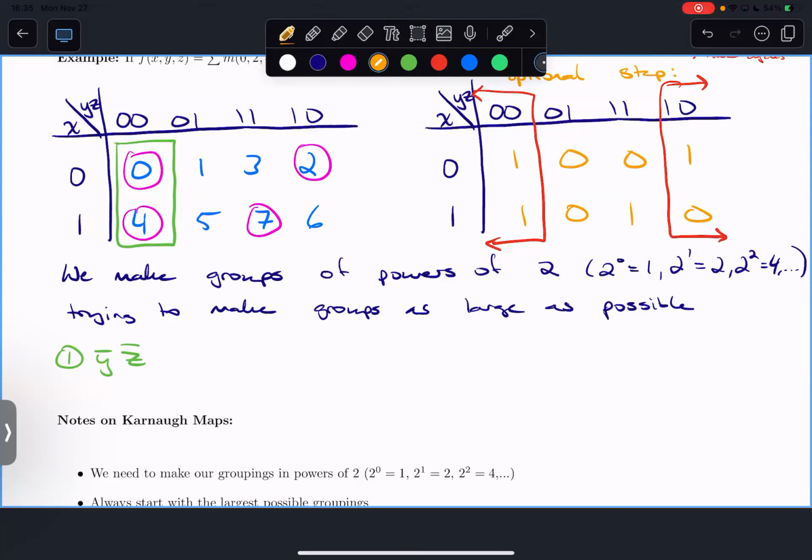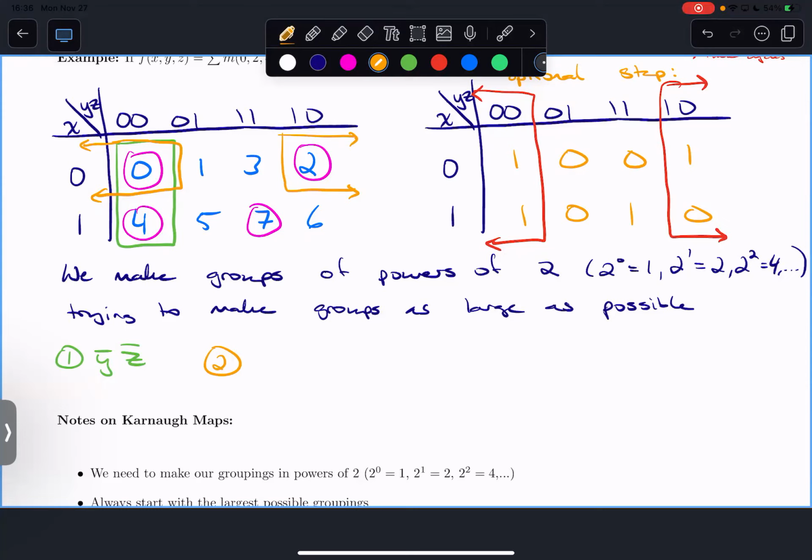I'm going to go 0, 2, because these guys go here like that. Call that my second group.